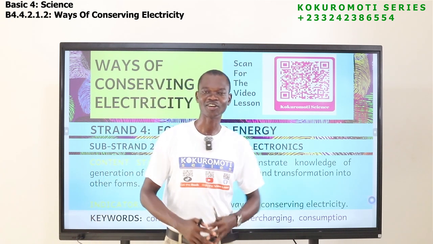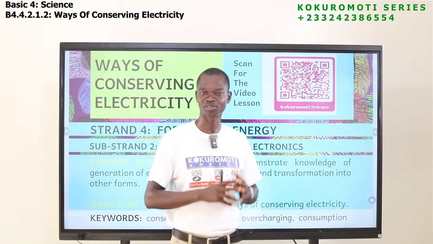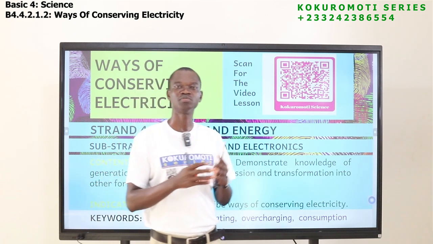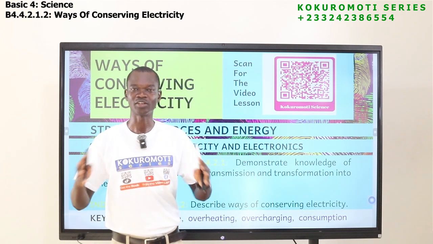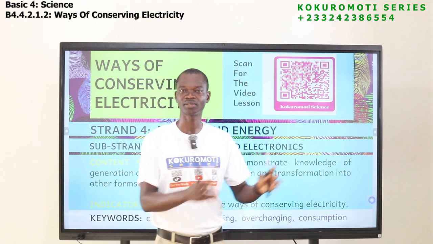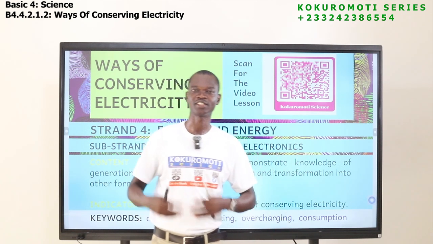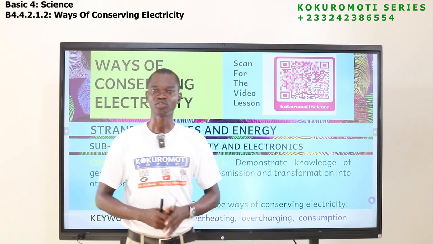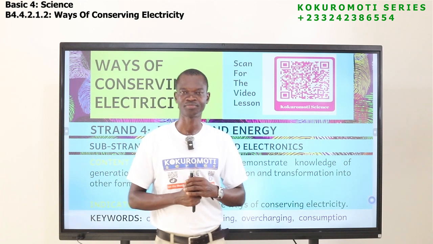We learned that all the electrical appliances that we use at home, in the classroom, or in our schools, are able to work because of electricity. So if there is no electricity, these appliances cannot work. And we made mention of different electrical appliances and what they are used for. Okay, today we are going to look at how to conserve electricity.